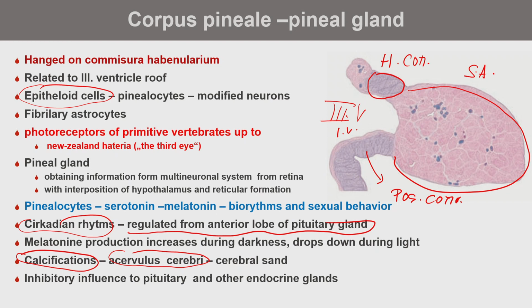For example, it is clear the thyroid gland is much more needed, and the production of the thyroid hormones is much more needed during daylight, the same with cortical hormones of adrenal glands, etc.